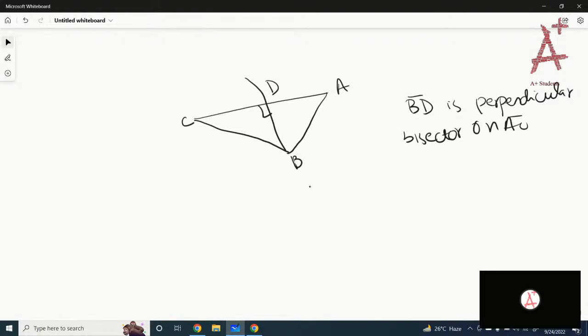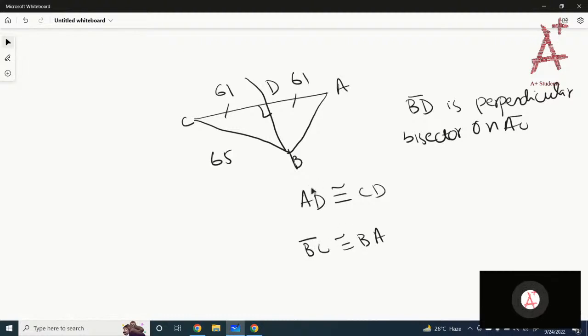Got it? Okay. And we know that AD is congruent to CD. This and this are congruent. Got it? And it is 61, 61, and CB is 65. So because of the perpendicular bisector, BC and BA are also congruent. If BC is 65, then AB is also 65. Got it?